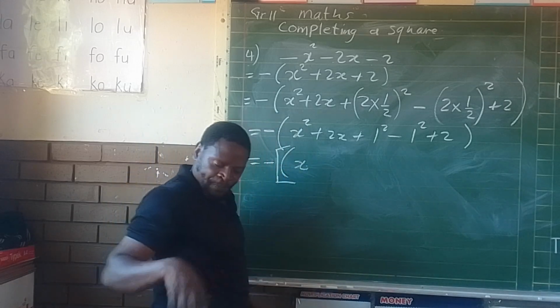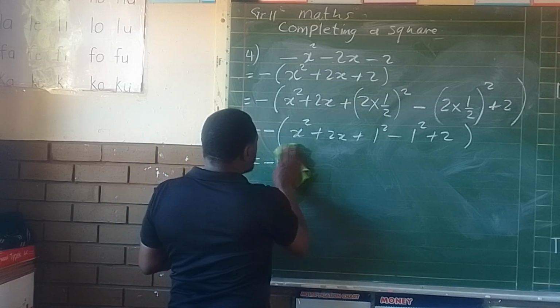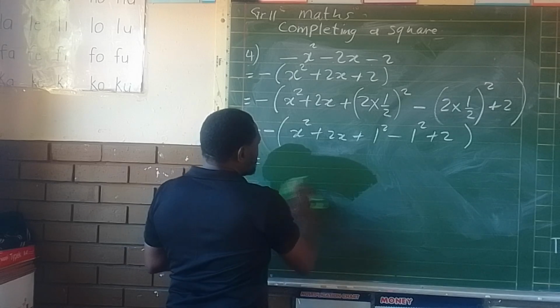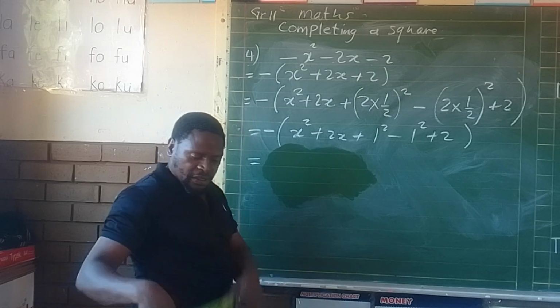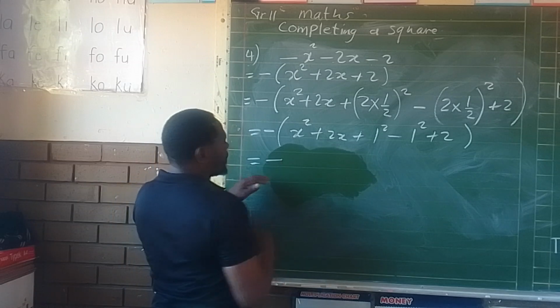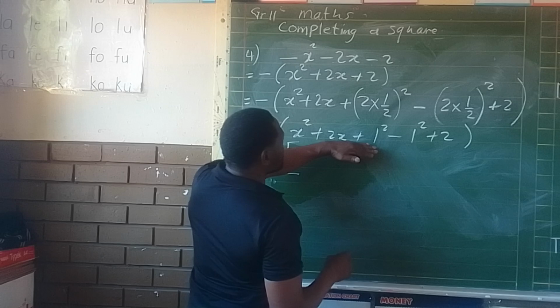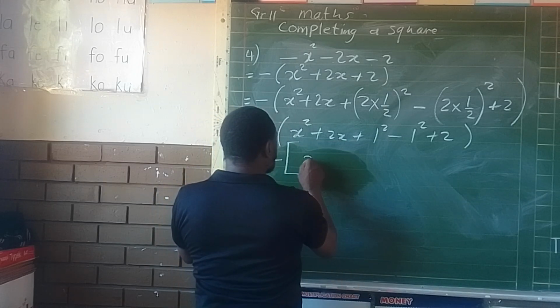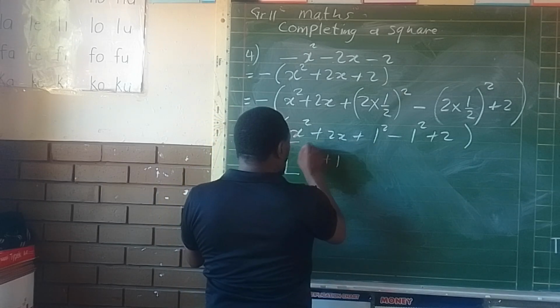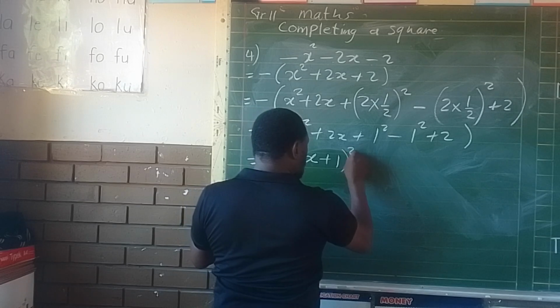So let me write it nicely so that everyone can see clearly. Here is our negative. Put a square bracket, then factorize here, which is going to be x plus 1 squared.